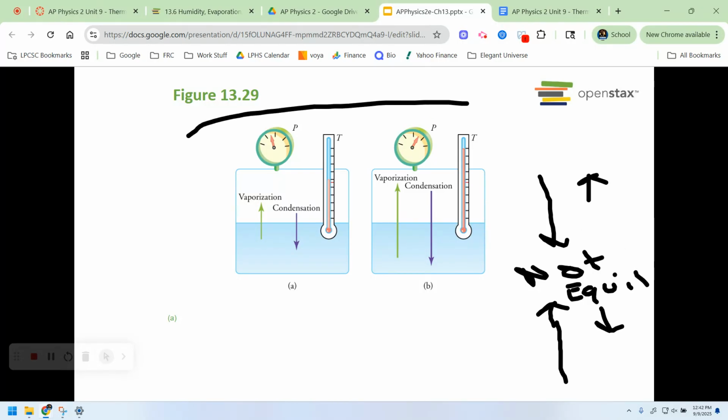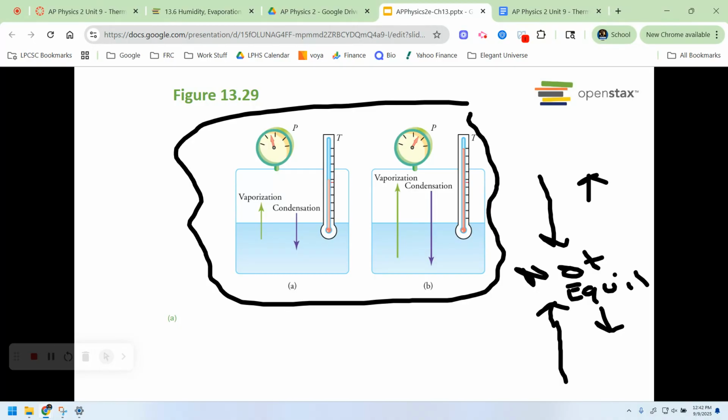This right here is equilibrium because the vaporization is equal to the condensation. So that's a little clue for the homework. You're not going to have any homework over this section, but these concepts are important for the next assignment that you have. And that's basically it, okay?